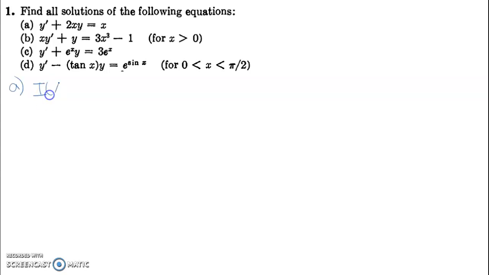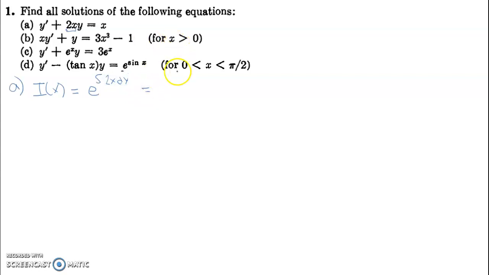So we should probably find the integrating factor, which I've been doing for a couple weeks now. It's e to the power of the integral of the coefficient that is multiplied right in front of the y, which is 2x.